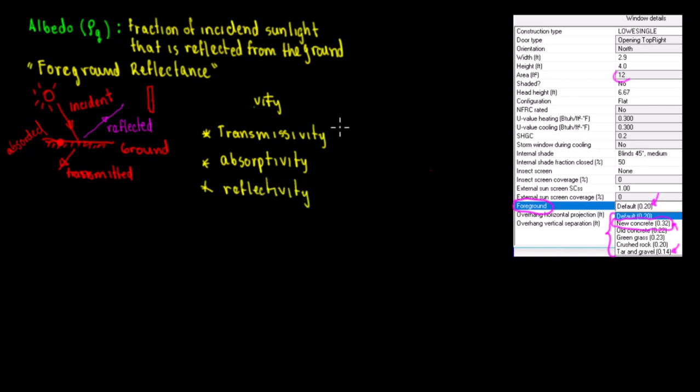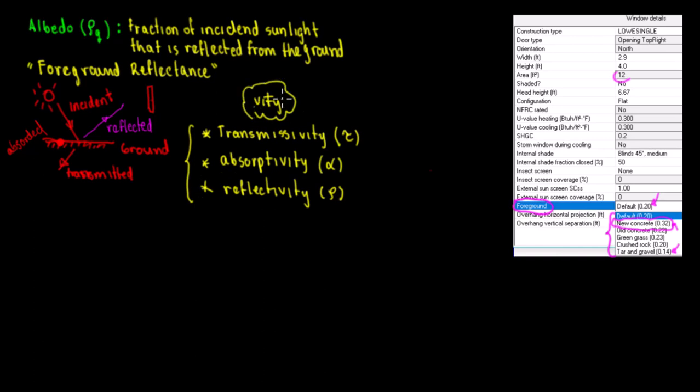Okay, so again, we're going to represent these with Greek letters. This is tau, everything lowercase, and absorptivity is going to be represented by alpha, and then reflectivity is going to be represented by rho. And this reflectivity is the foreground reflectance, that's why it's rho G. So we have these 3 components, and there's another one, by the way.